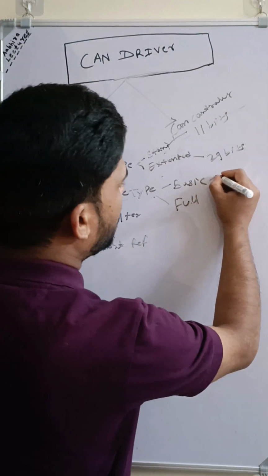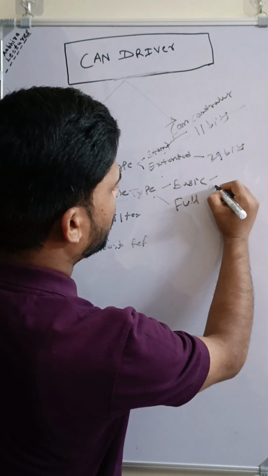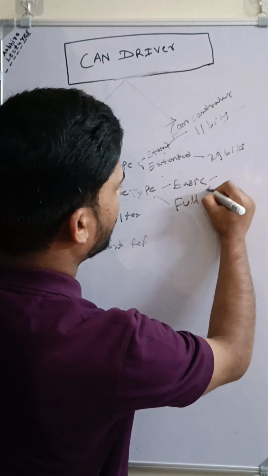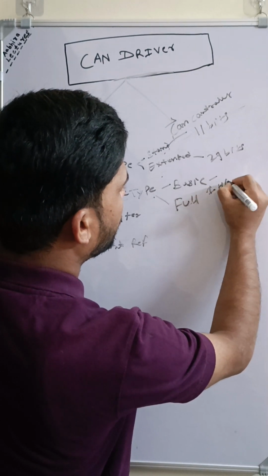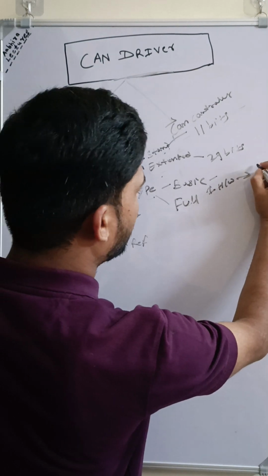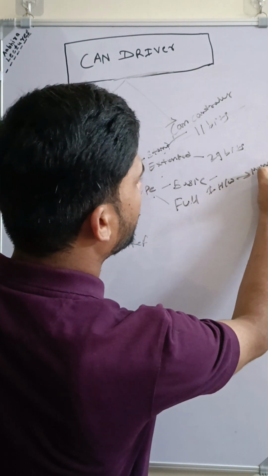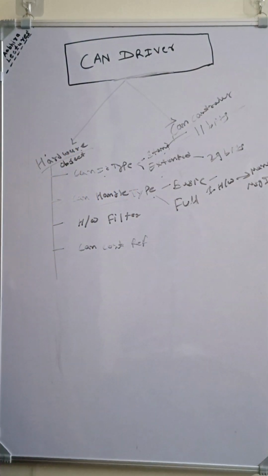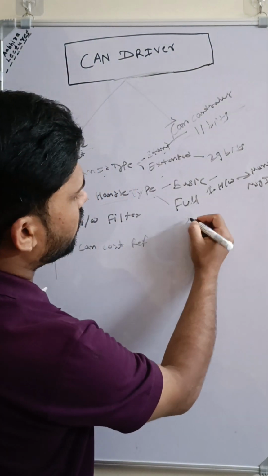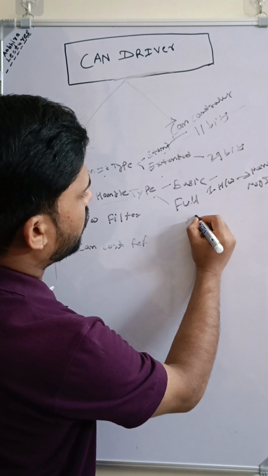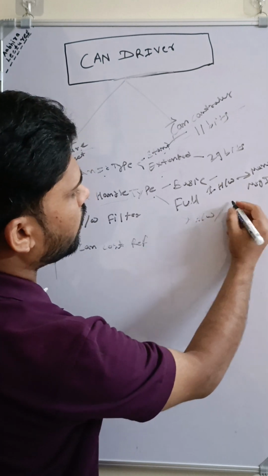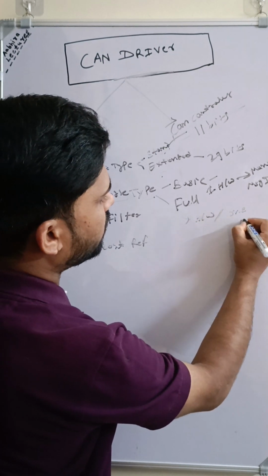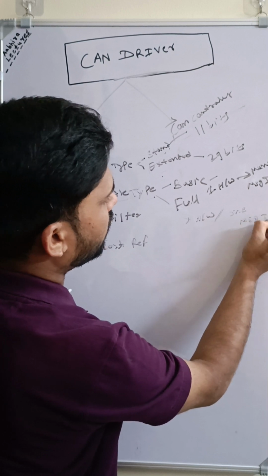Coming to full, in full there is one hardware object and only one message ID.